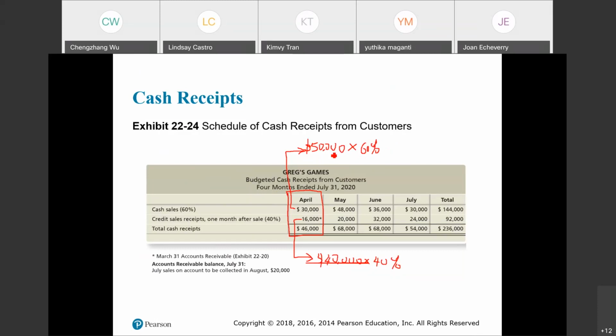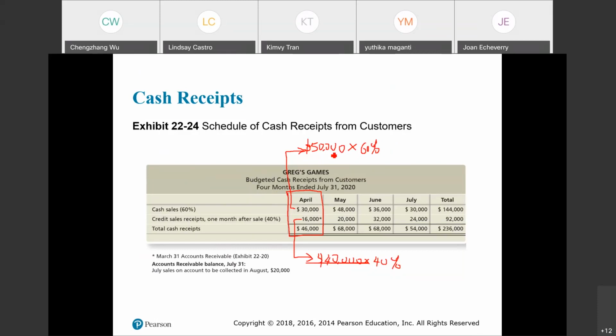Okay. 30,000 plus 16,000. That is the total cash receipts, 46,000.